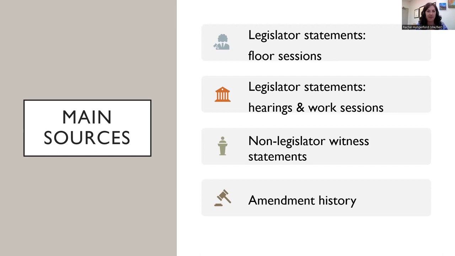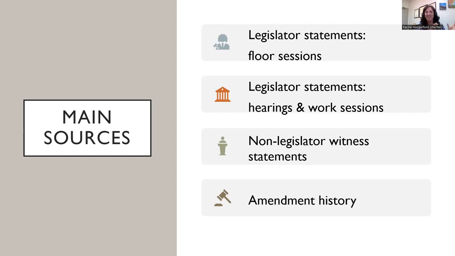In terms of legislator statements during hearings and work sessions, as I mentioned, Oregon has a committee-heavy process. So in Congress, for example, it's common for bills to be amended on the floor. That doesn't happen in Oregon. So much of the work in fine-tuning a bill, and certainly essentially all of the amendments, happen in the committee process.